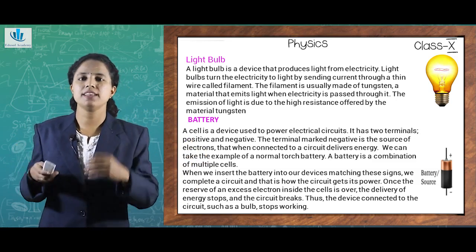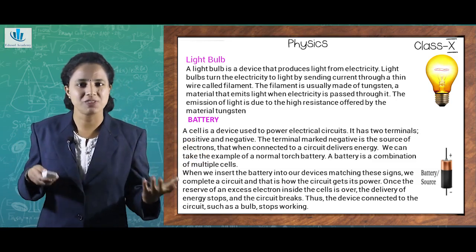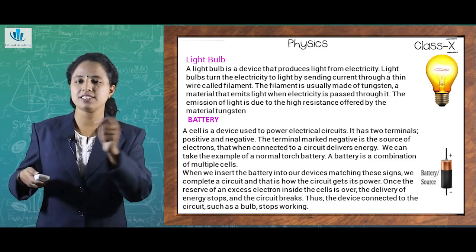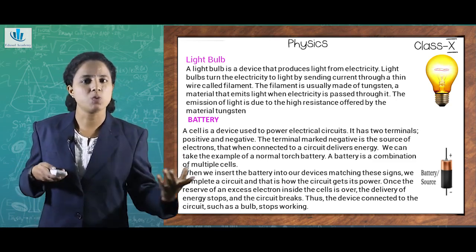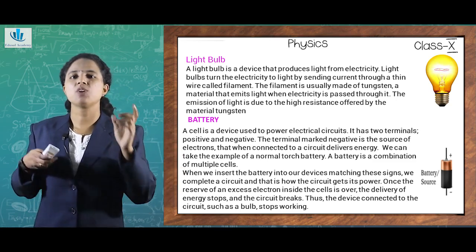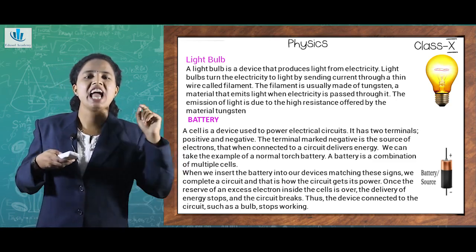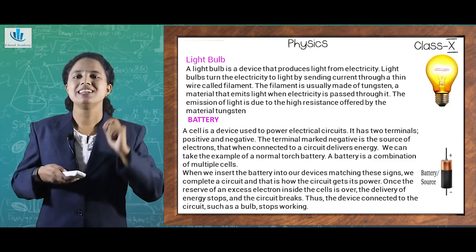That's why we say the battery is down or has got over and is not working, isn't it? Then what do we do? We insert a new battery into the device to start working again. So a battery is a very important device, essential in electrical circuits to power them.